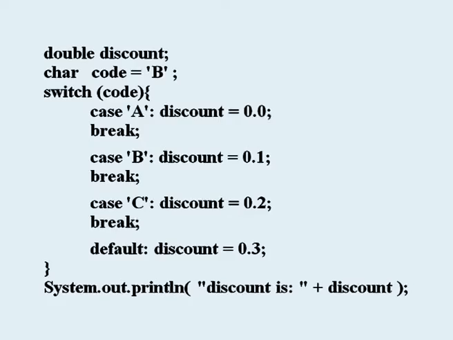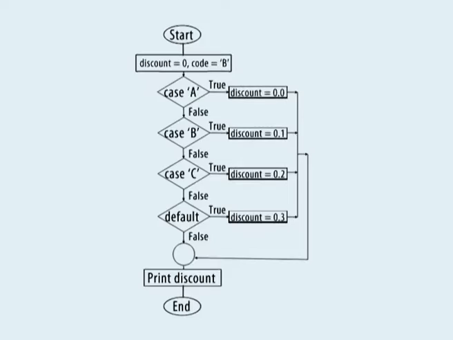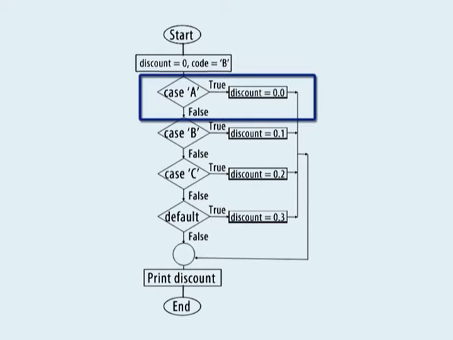Now, the next question is how to define a switch case in a flowchart. Here we are taking a switch case program in which we take 3 cases A, B and C, and convert this program into a flowchart. First we define a variable discount and character code equals B, and after that we start the switch case.